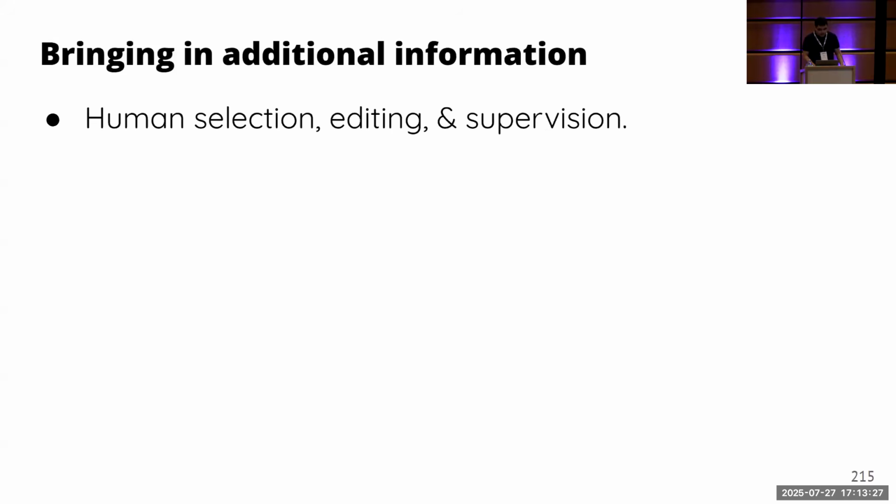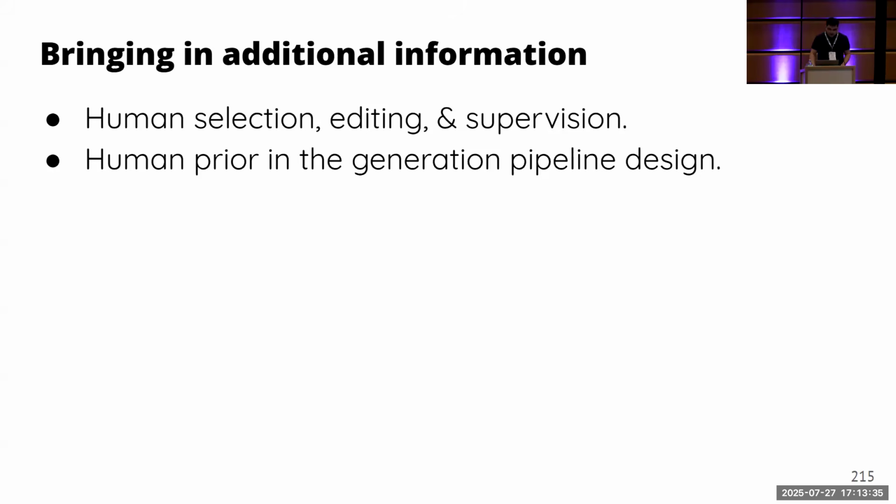Here, I want to give you some intuitive explanation that bringing additional information might be the key. Additional information includes human selection, editing, and supervision after the model generates the data. It can also include human prior in designing the data generation pipeline, like we did in self-instruct.